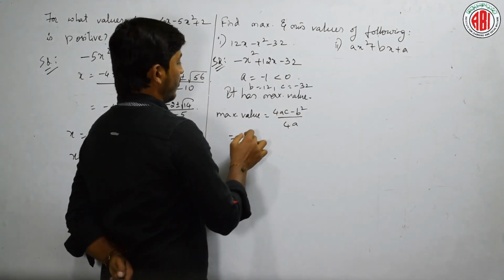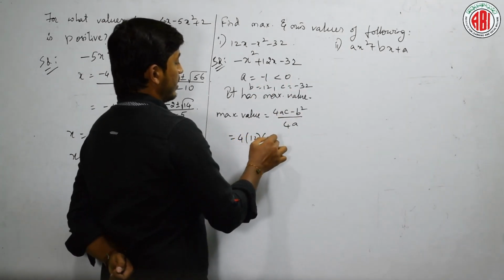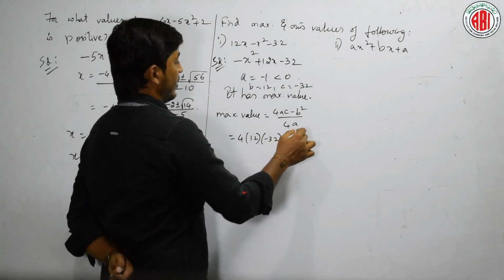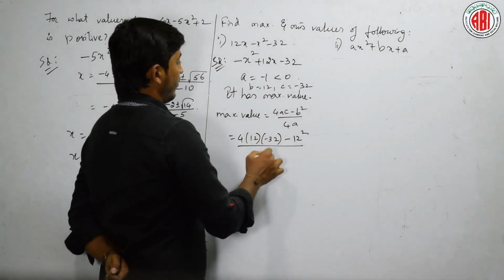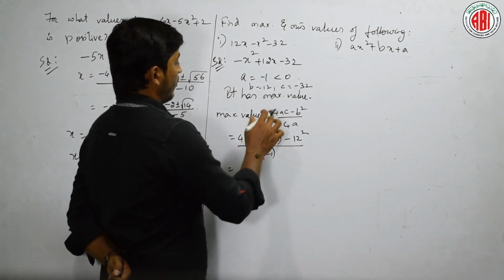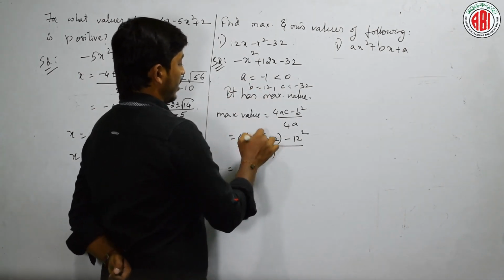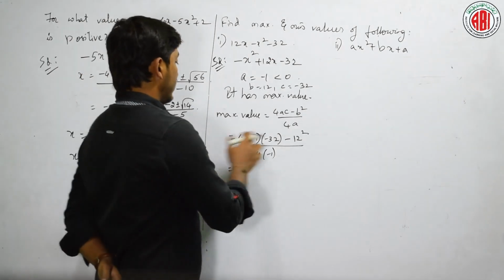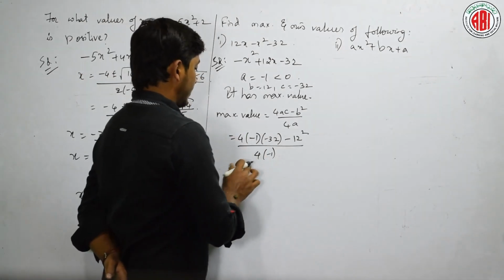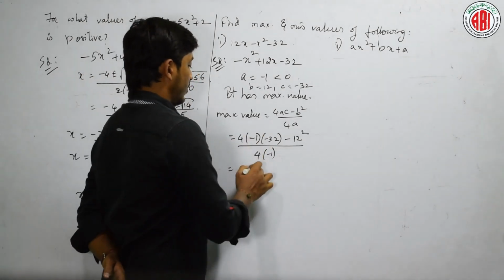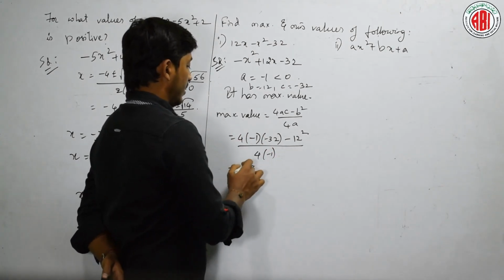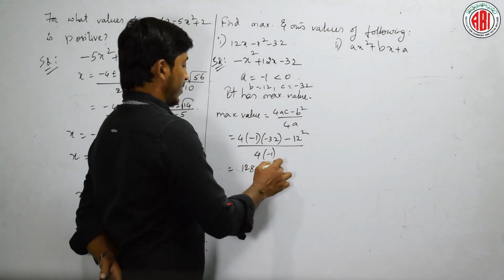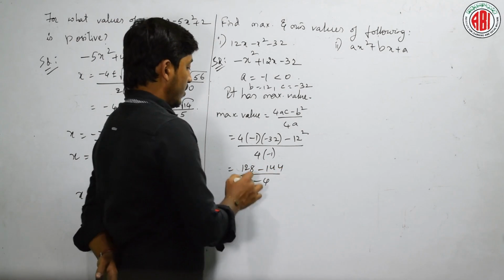Let us substitute it, 4ac minus b square divided by 4a. Here a is minus 1, 4ac minus b square by 4a. Done. See here, plus 4 2s are 8, 3 4s are 12, 128 minus 144 by minus 4.